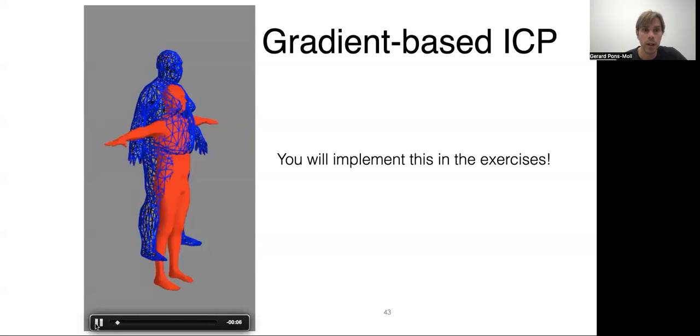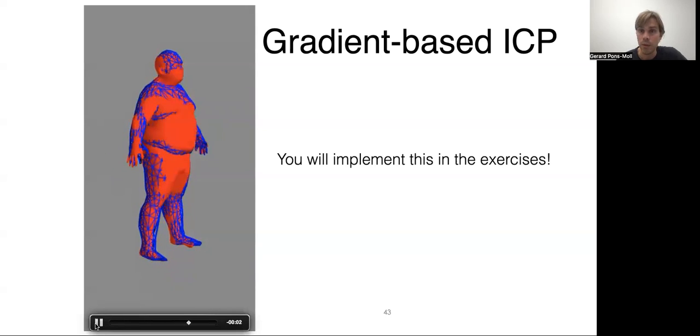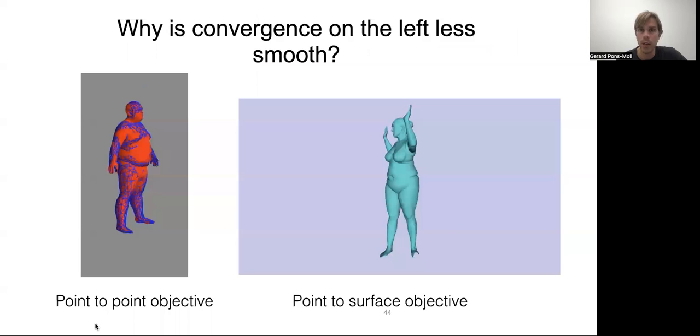So what we're doing here is we find correspondences, then we take a few gradient steps of this sum of squared errors with respect to the simple parameters, and then we find correspondences again, and we iterate this process, right? Notice something, the person sort of wiggles a little bit, right? Now I want you to think about, why does this wiggle so much compared to this example I showed at the beginning?